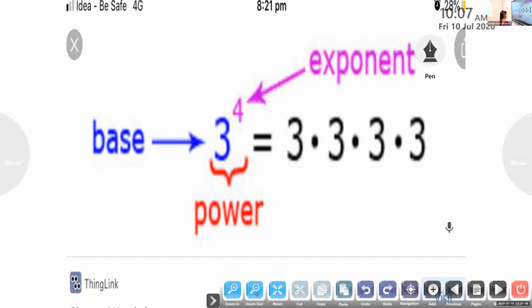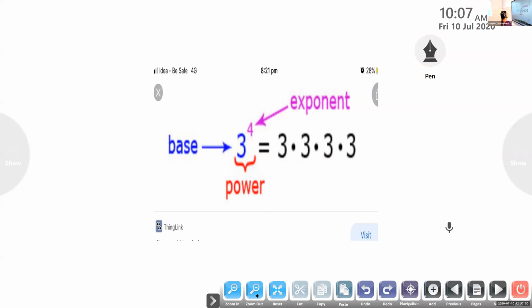All these are examples. 3 raised to 4 is 3 into 3. This dot represents into.